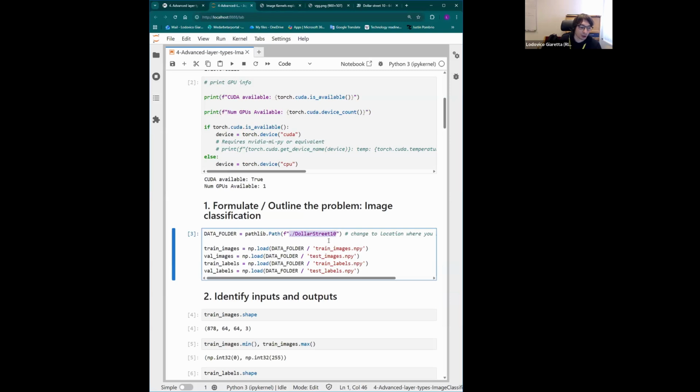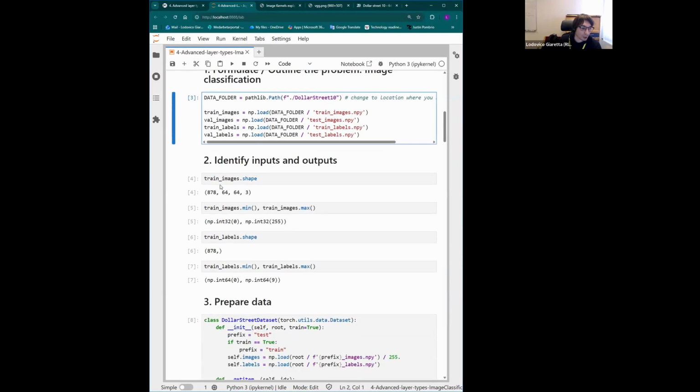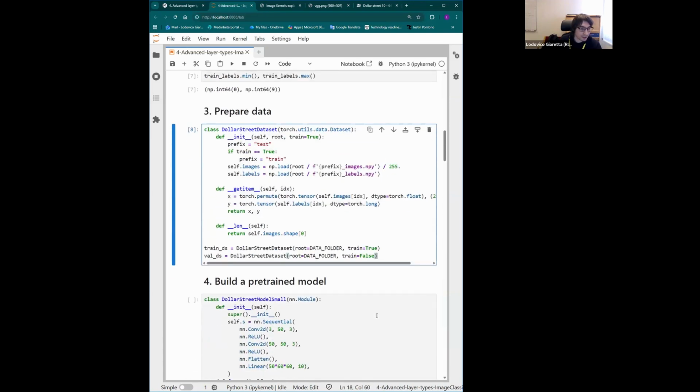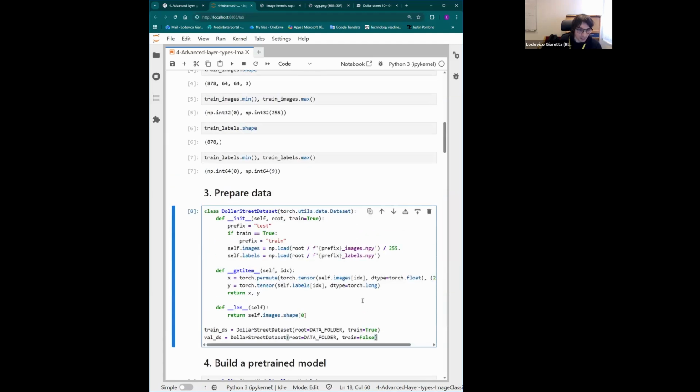So if you're running locally, change this to your local path. We have seen our dataset in the notebook, which we now use to build our dataset class to build both a train and a validation dataset. And I think we can now take a break.